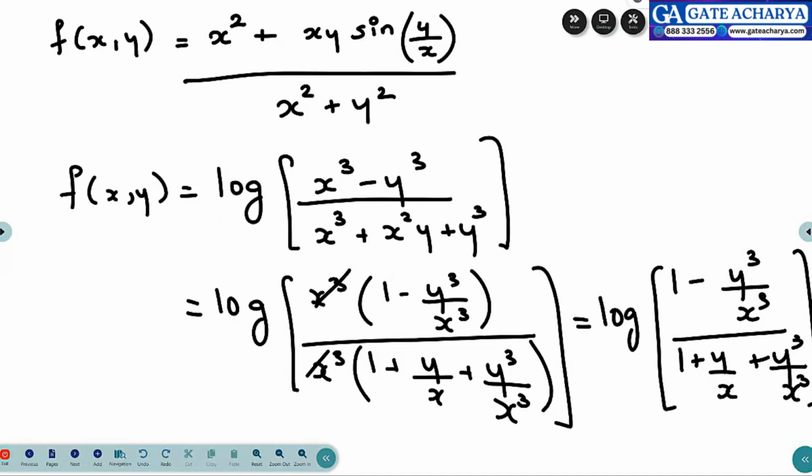Got it? So this can be converted to the y by x idea. Got it? Why is this homogeneous?